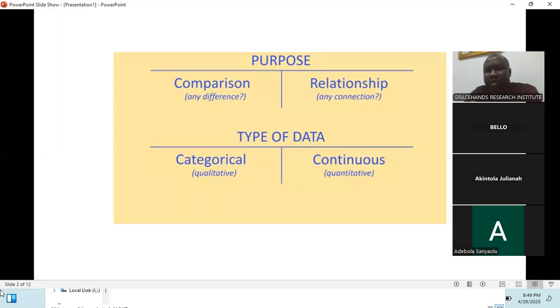Now, what is comparison? Comparison is when you want to compare the score of male against the score of female. I hope you are getting me. Or you are in a medical setting, you are carrying out an experiment, you have, how will I call it now? They usually call it a terminology, a control experiment. And then you now have experiment 1 to 3.